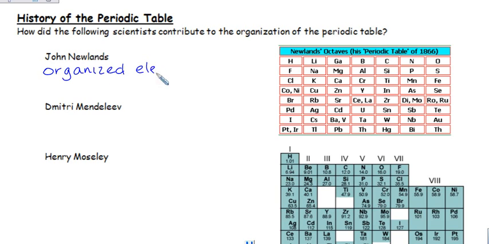So let's put Newlands' periodic table organized elements in groups of 8. And he tried to find 8 elements that seem to have some similar properties. Put them together, call them a group. Excellent. Why 8? I don't know.